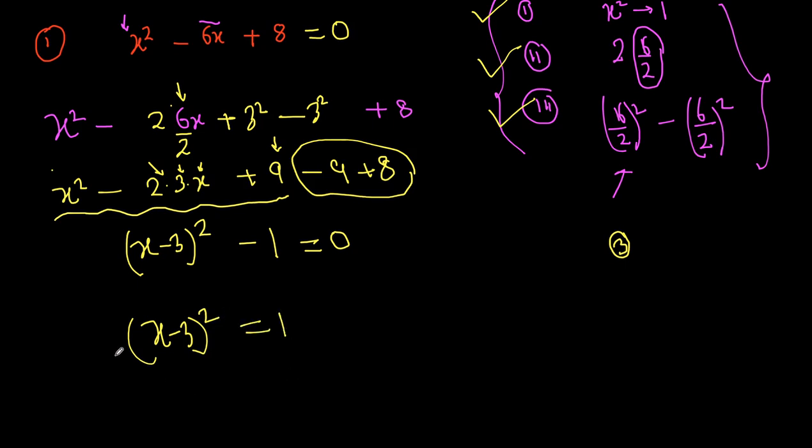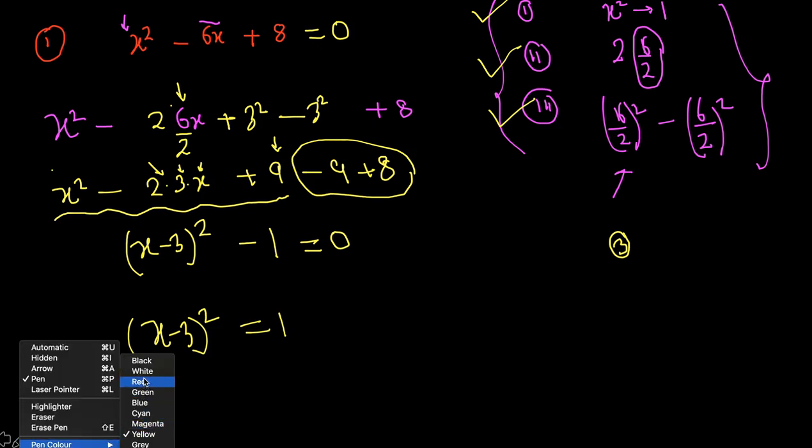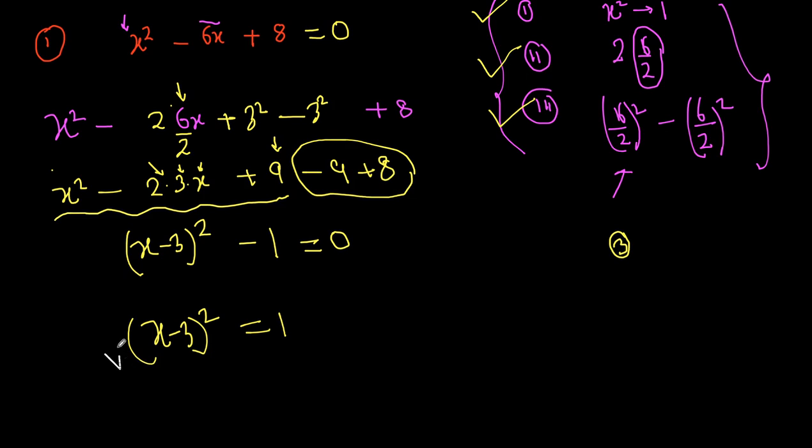Now you have to take the square root on both sides, and when you are taking the square root of any number, you have to write plus minus. So this is x minus 3, and here you have to write plus minus 1.